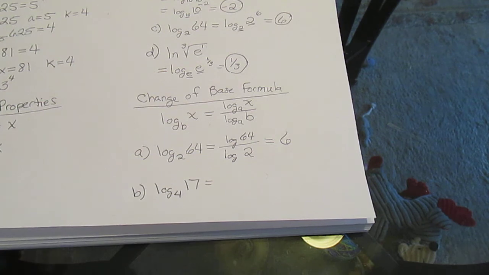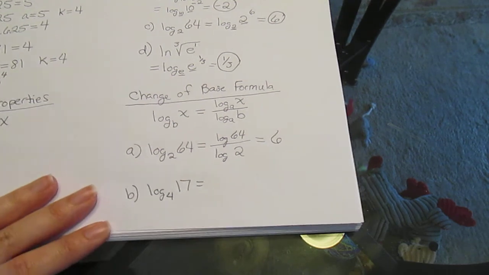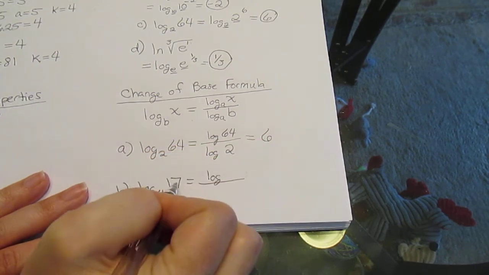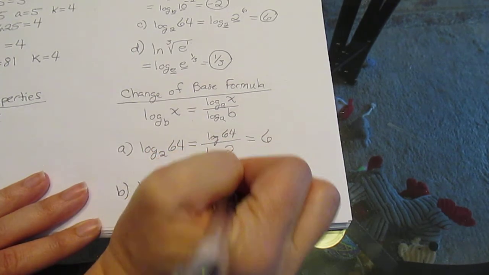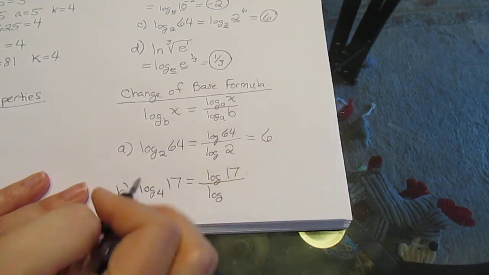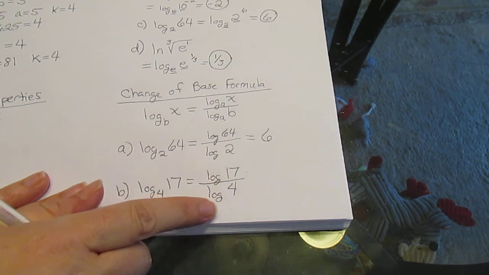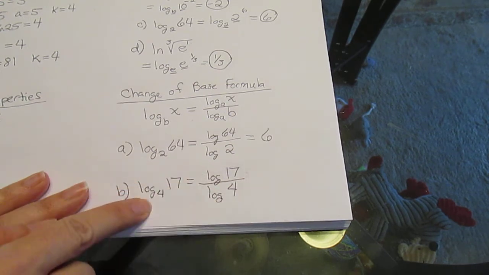Well, it's a decimal, so it won't be easy to just think about. That's why it's necessary to have this formula. Okay, so let's go ahead and write it out. We'll have log of 17 over log of 4. I like to remember the base goes on the bottom, BB, base bottom.